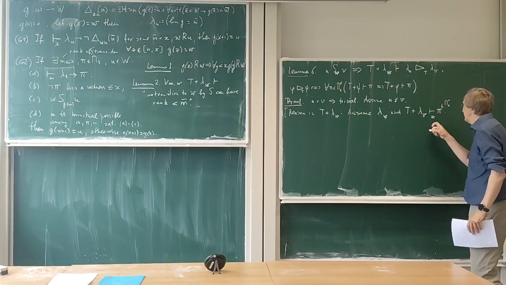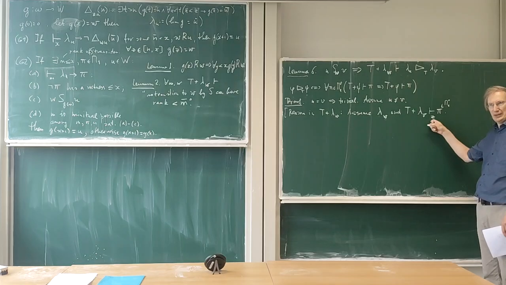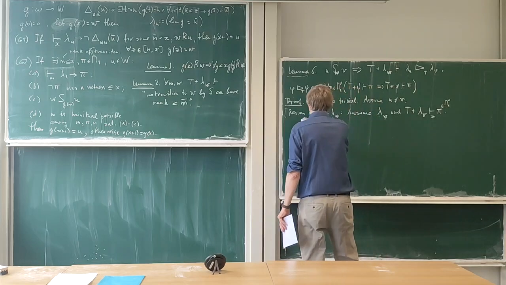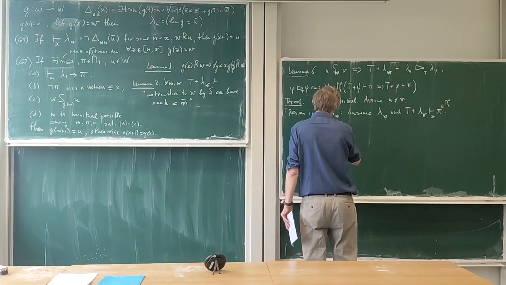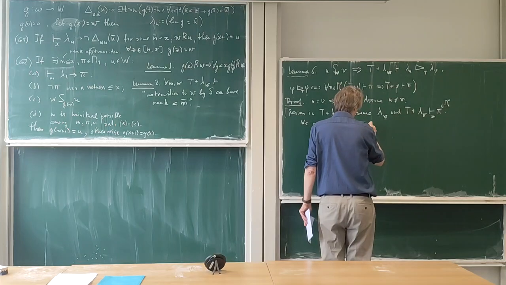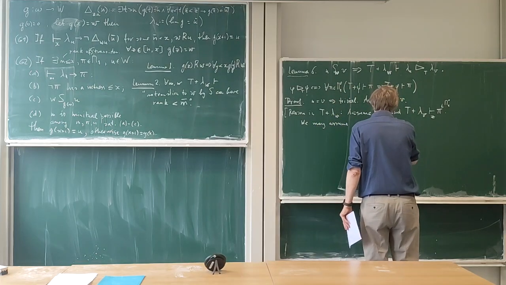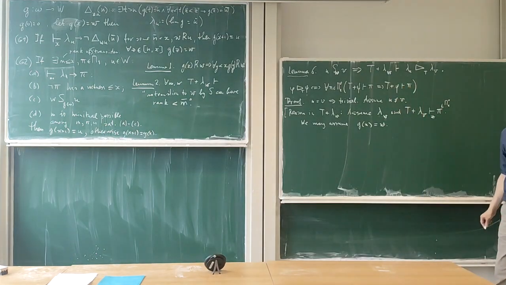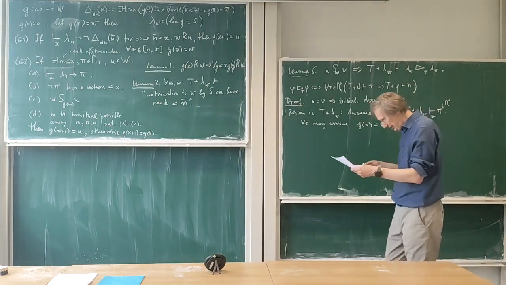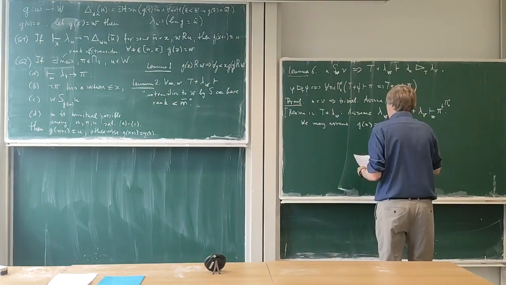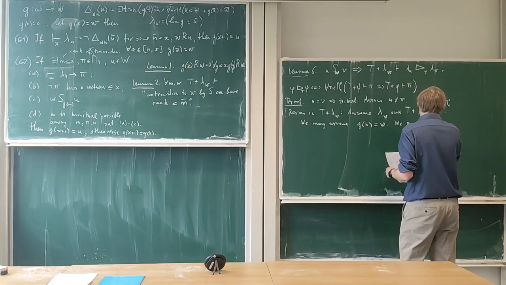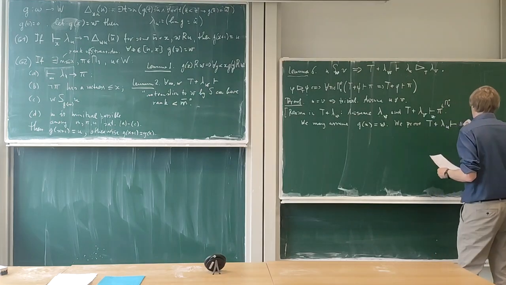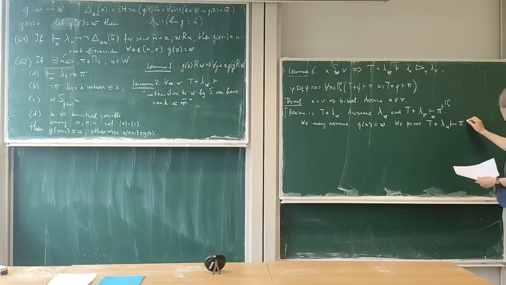So we can assume actually that the size of the Gödel number of this proof is Z, just any number Z. And we may assume that G of Z is W, because W is the limit of G, for sufficiently large Z. We prove that T plus lambda U proves pi. That's what we need to prove.